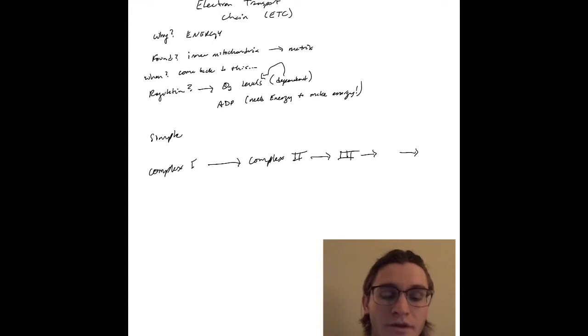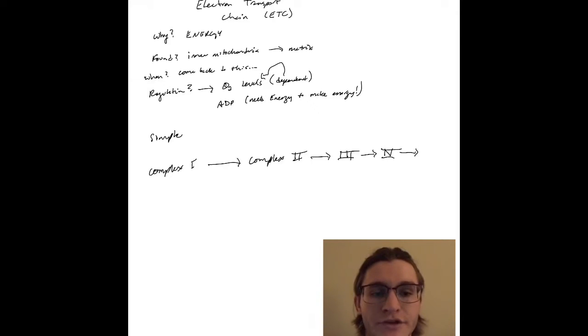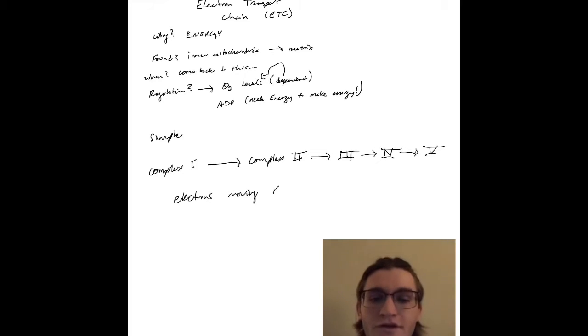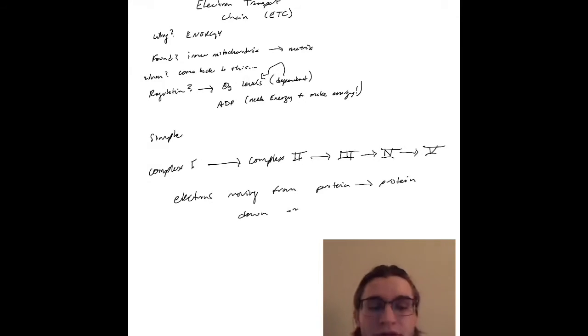That's what I commonly used in undergrad, but just to make things simple, we're going to go over each of them, but it's the 5th complex. And that's the complex that makes the ADP turn to ATP. Electrons are going to be moving from complex to complex, just like a regular tube. It's going to go from one protein to the next.